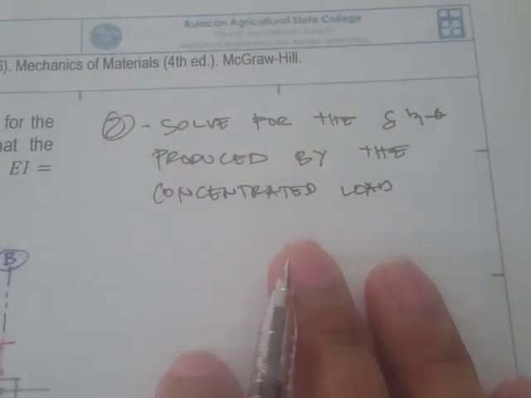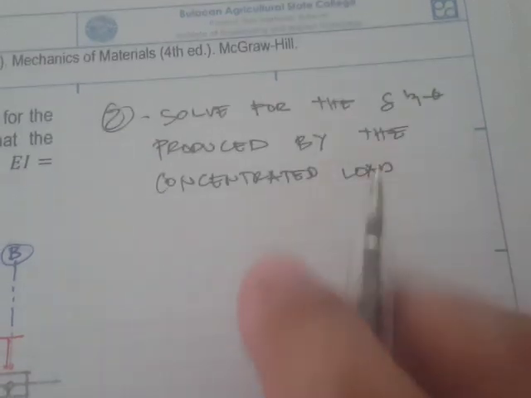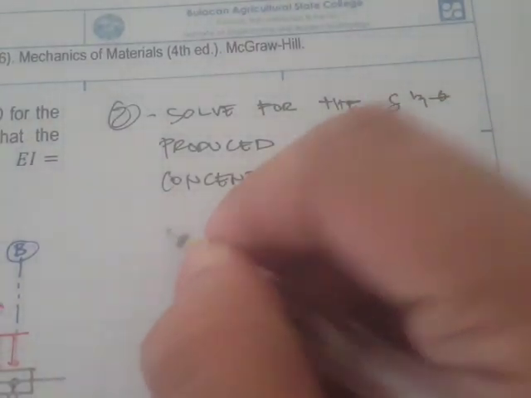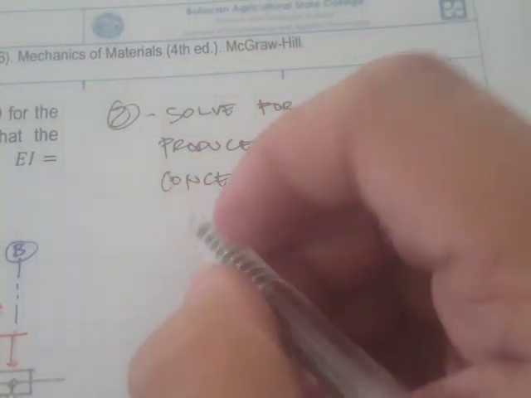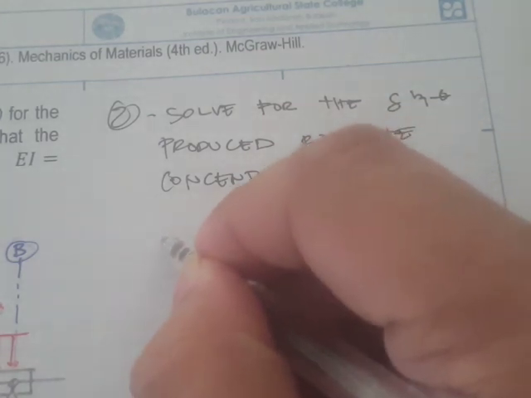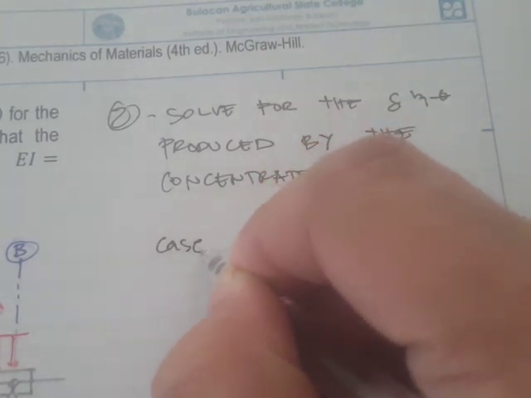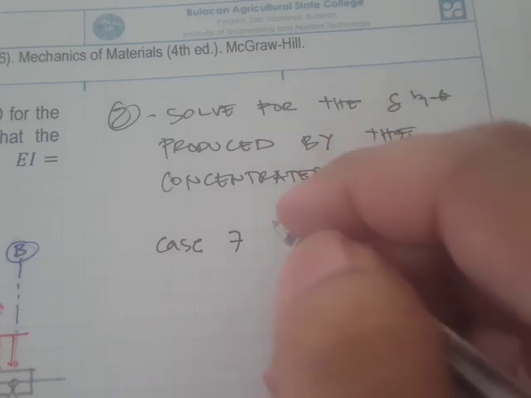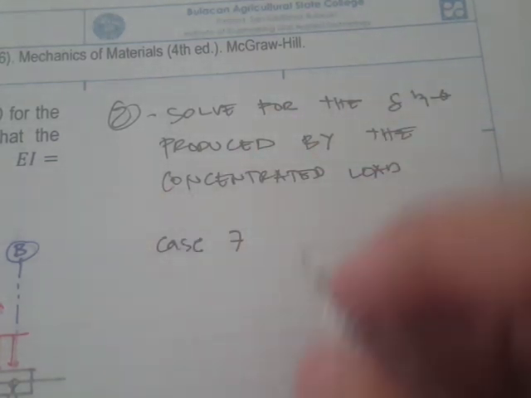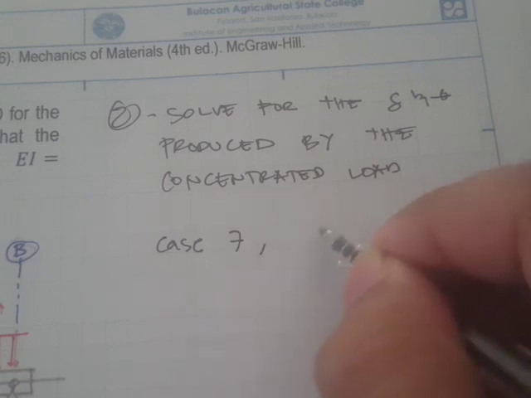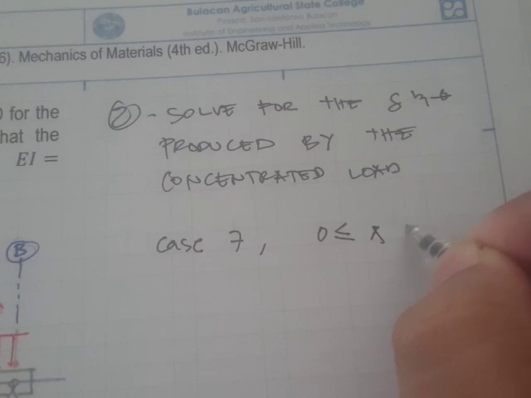And from the table, this is actually case 7, just the same as our previous sample problem. So this is case 7, and the condition is 0 less than x less than a.